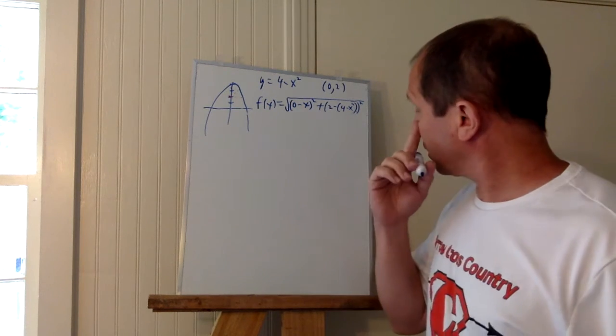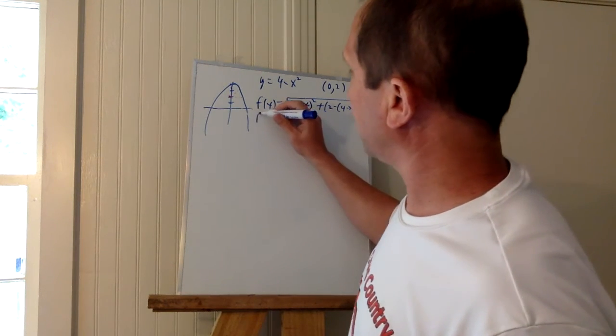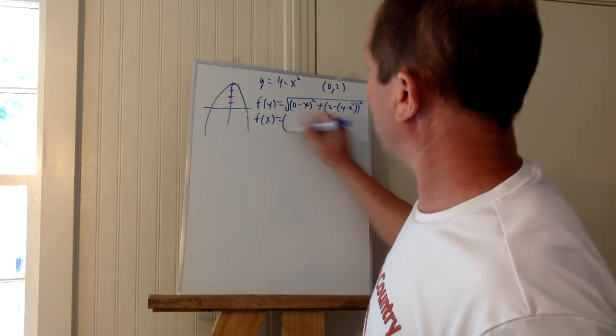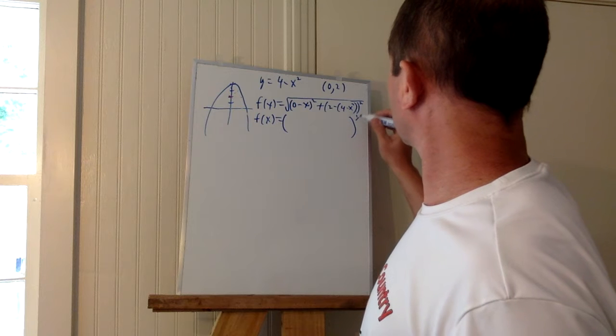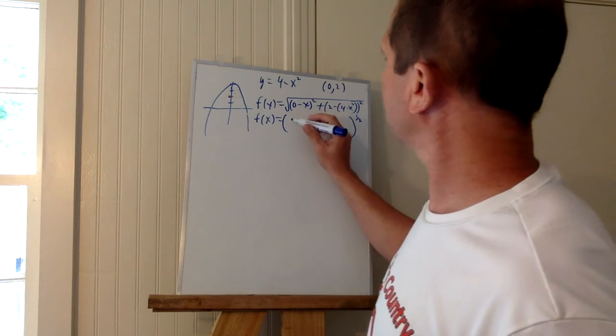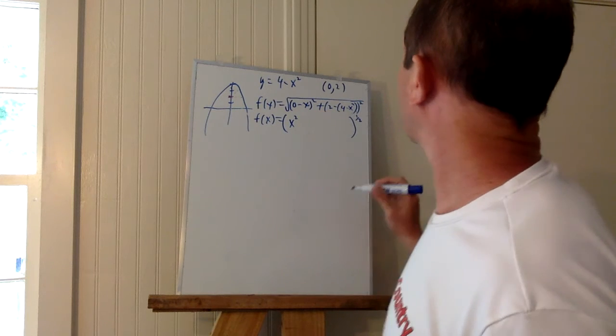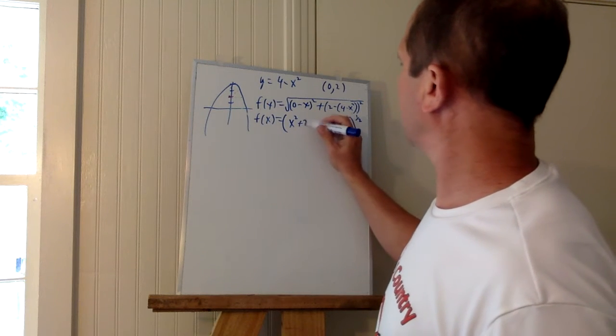So from here, let's clean it up a little bit first before we do the derivative. So it's going to be to the 1/2 power. So this is negative x squared, which would be x squared. All right, plus 2.